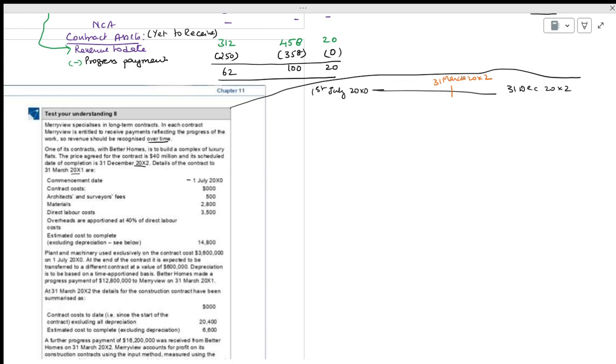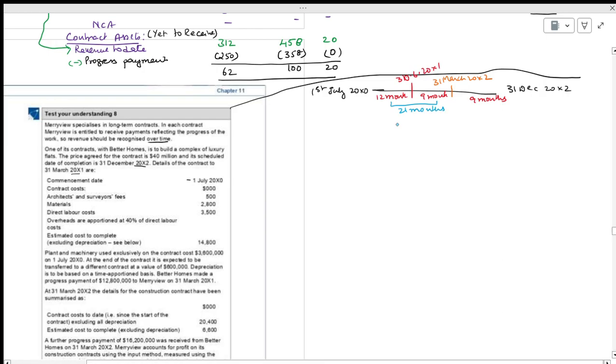July, August, September, October, November, December, January, February, March, 9. 12 plus 9, 21 months. Then to 30th June 2002, 9 months.